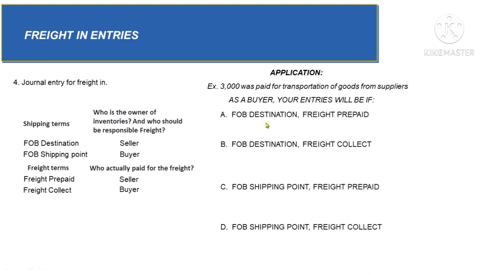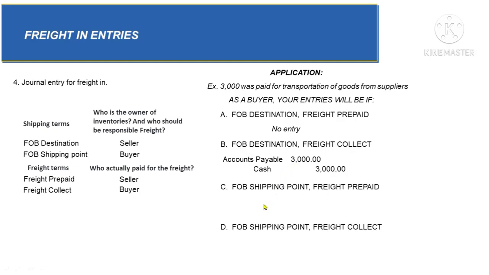Meaning, the seller is responsible for the freight, and freight prepaid means the seller actually paid for the freight also. So as a buyer, you will have no entry under this combination. In the second combination, the seller is responsible but you are the ones who actually paid for the freight. So your entry will be debit accounts payable 3,000 and then credit cash 3,000.